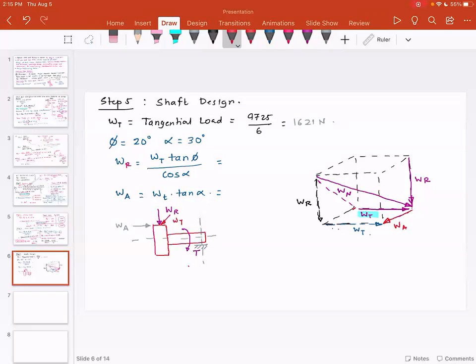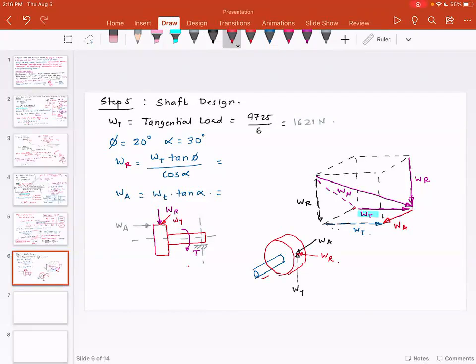So if I show you a three-dimensional view, you're going to have Wa, we are going to have Wt, and you are going to have Wr.